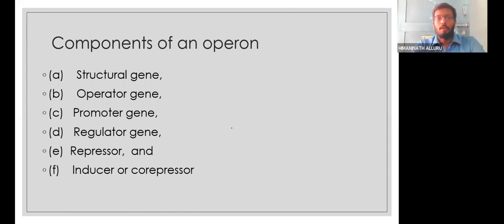In any operon, there must be a structural gene, an operator gene, a promoter gene, a regulator gene, a repressor, and definitely an inducer. All these things constitute the operon concept. Whether it is lactose or tryptophan or whatever it may be, these things are very much a must. These are the structures present in the operon concept.